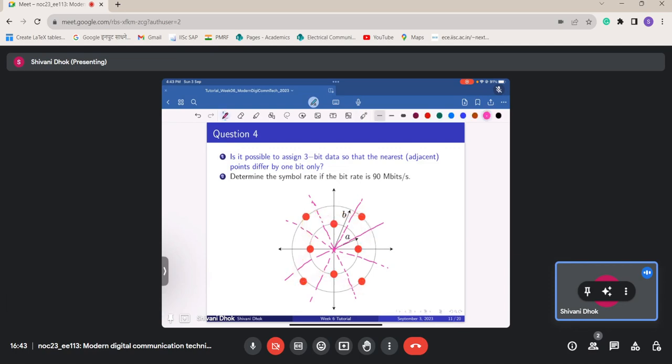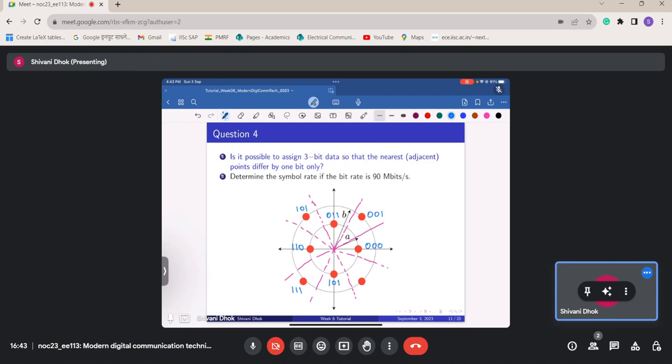Okay, so now again we need to do a 3-bit gray coding. So let's start. We'll have this as 0 0 0, then we'll flip only one bit, that is 0 0 1, then we'll make this as 0 1 1, then we'll write this as 0 1 0. The next thing that we can do is 1 1 0, then we can write 1 1 1, then we can have 1 0 1.